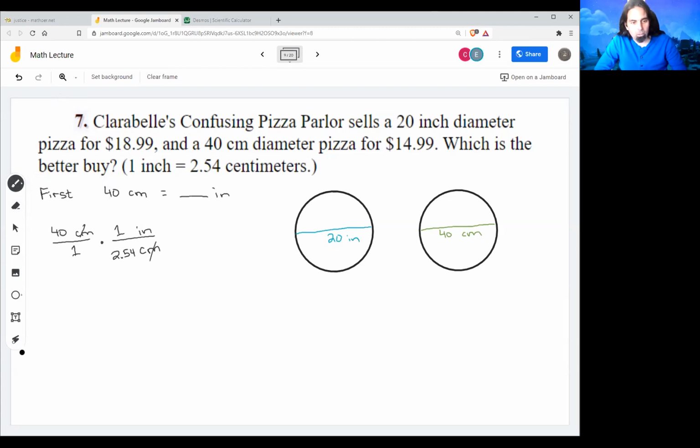Remember that 1 inch is the same as 2.54 centimeters. So this is a fraction where the top and the bottom are the same thing. It's just a fancy way to write the number 1, because any fraction with the top and bottom the same is 1. Then once we have inches, our goal, we can multiply across the top and bottom.